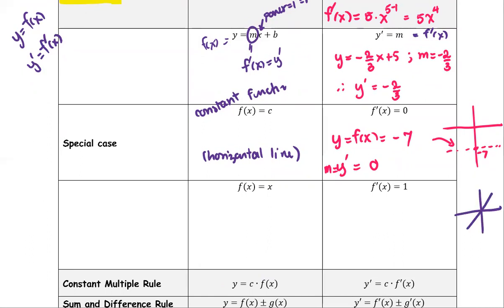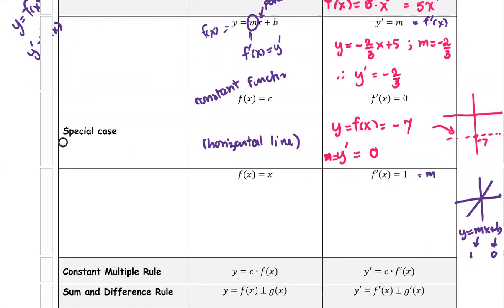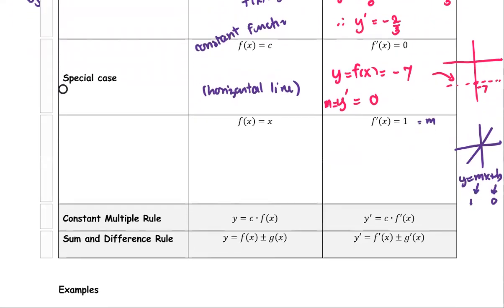So you have the straight line. In the form y equals mx plus b, the m equals 1 and the b is 0. So therefore, the derivative for y equals x is 1.